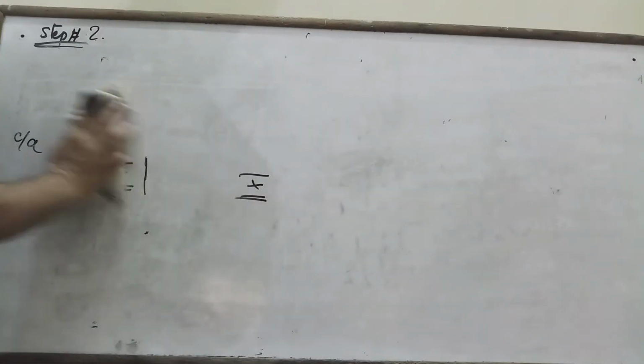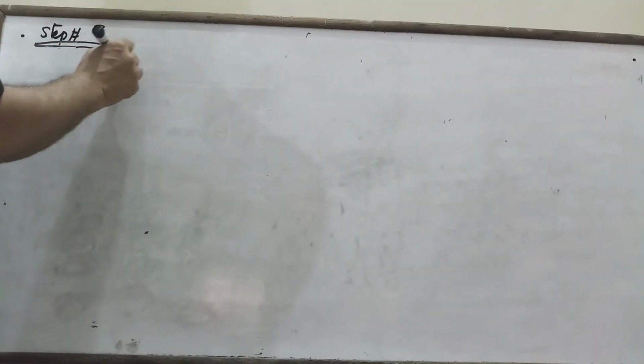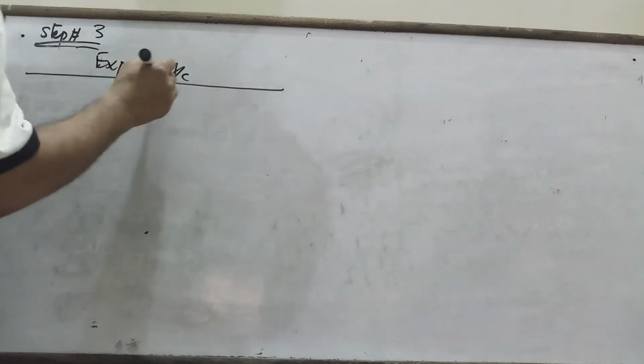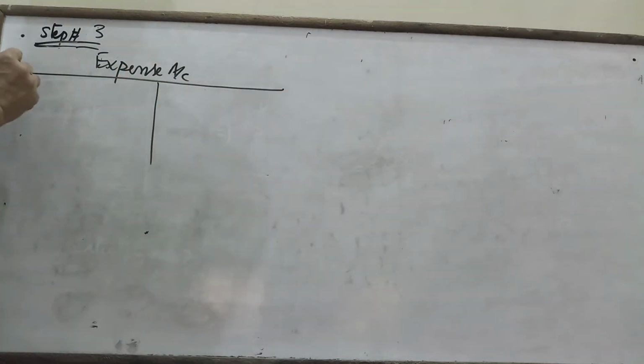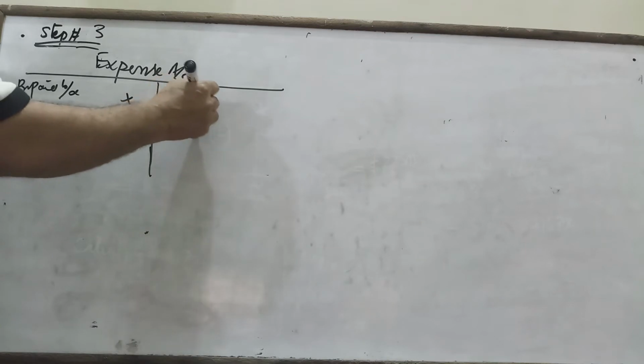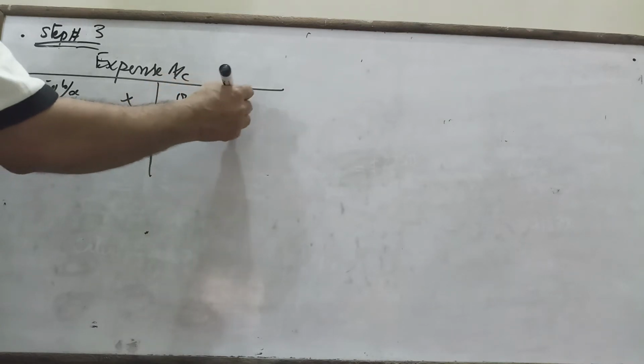Now, step number three. After calculating sales and purchases, this is not enough. We should know the expenses. For that you have to make an expenses account. In the expenses account, we know that prepaid b/d comes on the debit side, and owing or accrued b/d comes on this side.